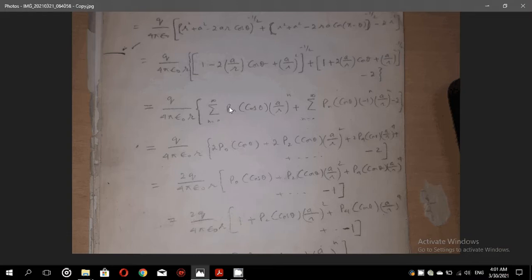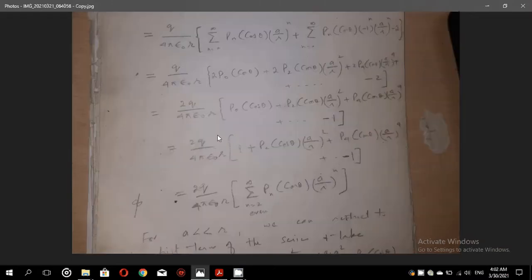Now after cancelling the positive terms of the first series with the negative terms of the second series, we get this equation. It is further simplified, and you can go through the mathematical steps very easily and reach this result, that the electrostatic potential is 2q over 4 pi epsilon naught r, sum of Pn cos theta (a over r) to the power n.